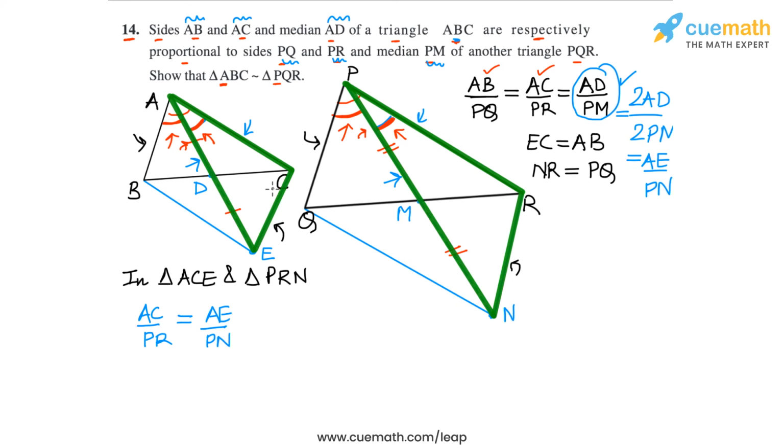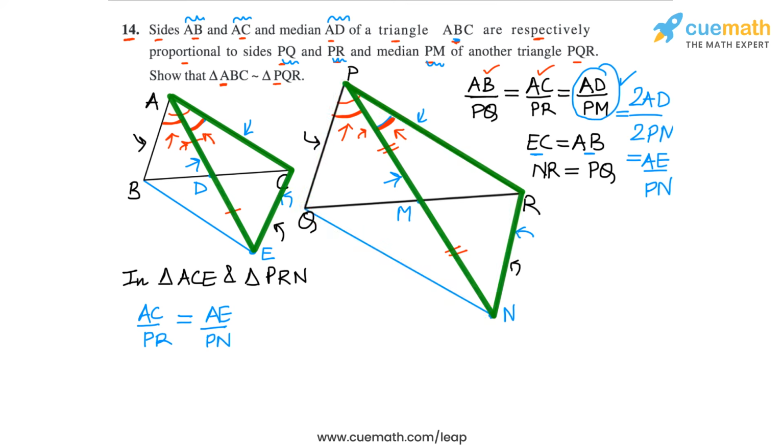And finally, if we take the third ratio, which is EC by the corresponding side NR, do you think this will also be equal to AC by PR? Well, yes, because EC is equal to AB as we saw earlier, because ABEC is a parallelogram, this parallelogram that I'm highlighting. So EC is equal to AB.